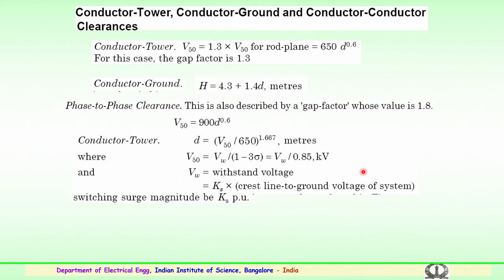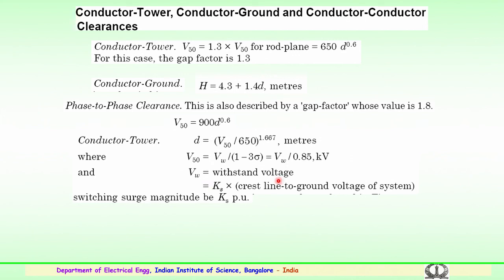So, conductor to tower, what are the clearances? This is given by d equal to (V50 by 650) to the power of 1.667 meters, where V50 is equal to Vw by (1 minus 3 sigma), which is equal to Vw by 0.85 kV, and Vw is the withstand voltage.